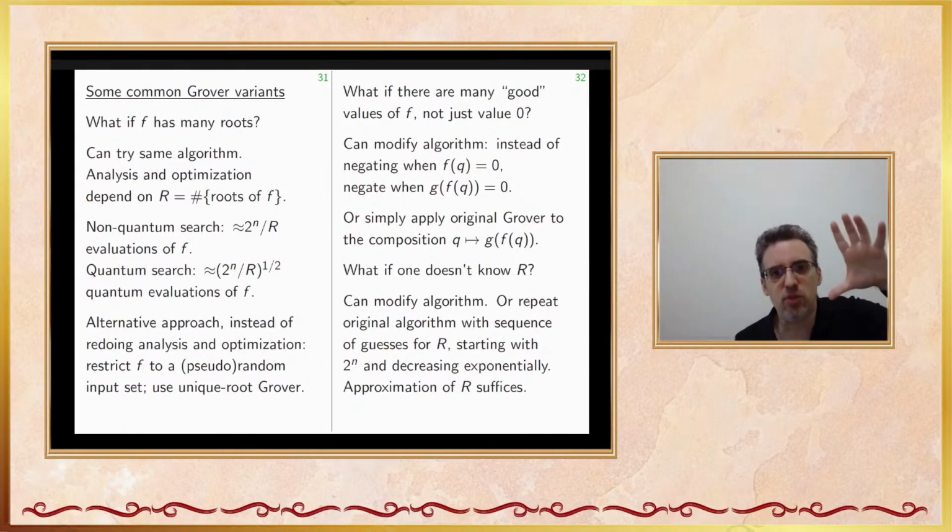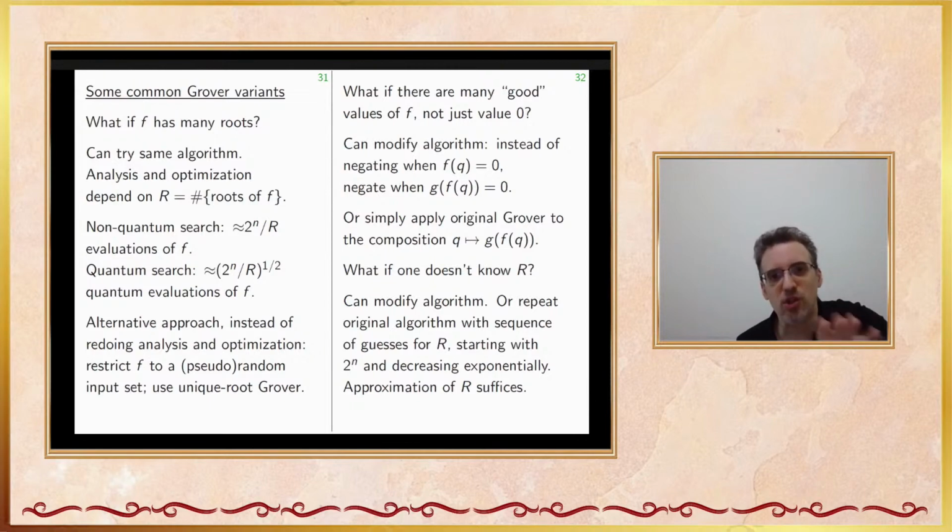And as the number of roots goes down and down and down, you have to spend exponentially more time to try these possibilities. Suppose there's only 2 to the 50 roots, only 2 to the 40, only 2 to the 30, it is more and more expensive to try that. And for each of those guesses for R, you can try Grover's algorithm.